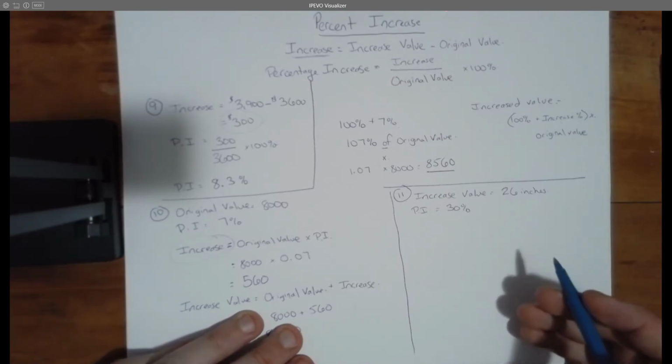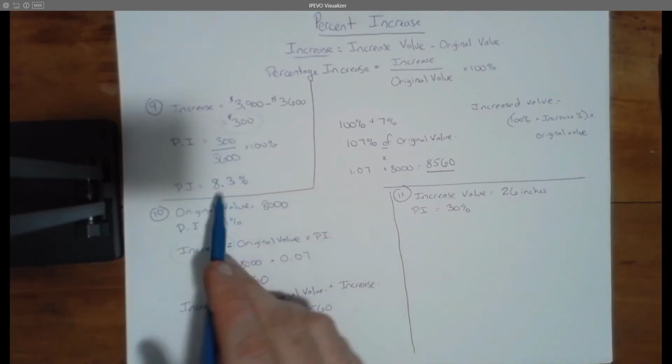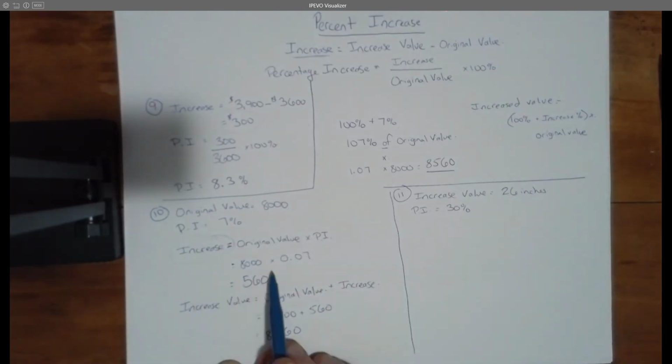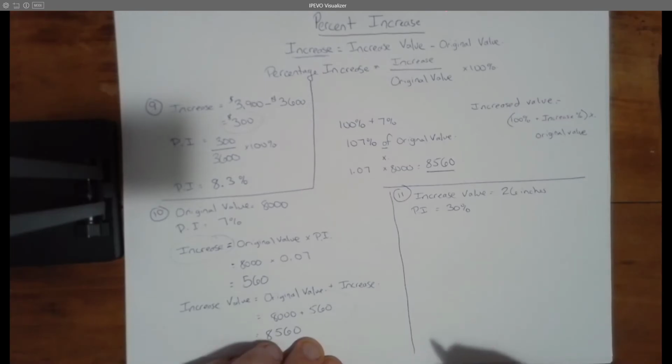So this time around, in our first example, we figured out percent increase. In our second example, we figured out increase and increased value. Now we're asked to figure out the original value. And so we're going to use a similar formula here. In order to figure out what our original value is going to be, we're going to move certain things around.